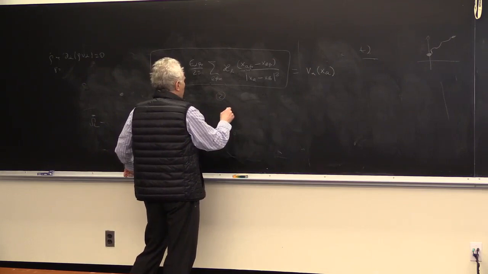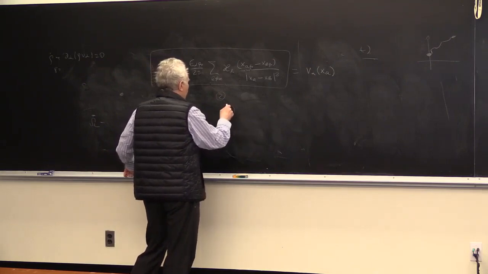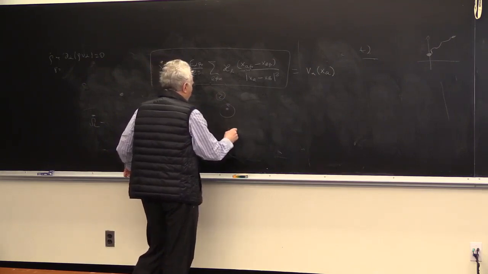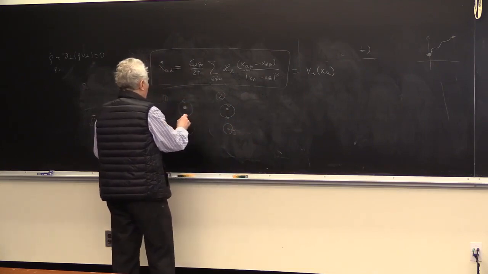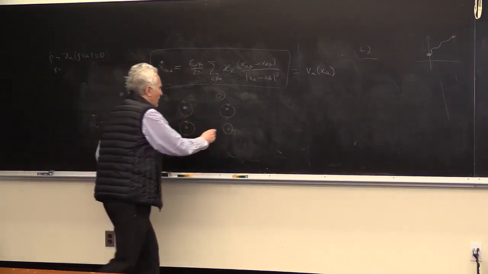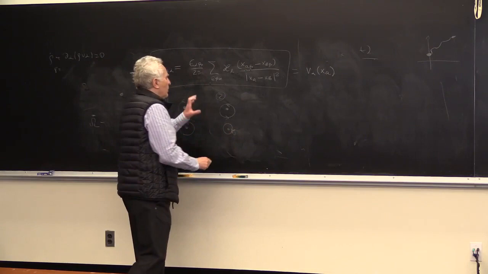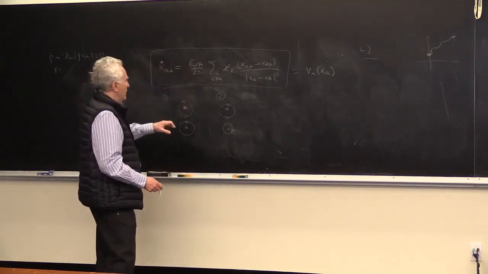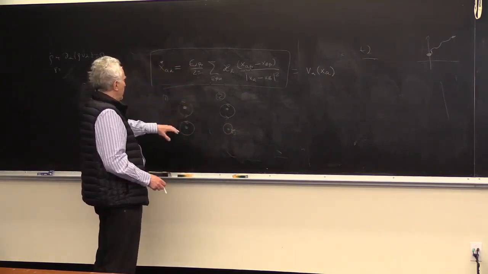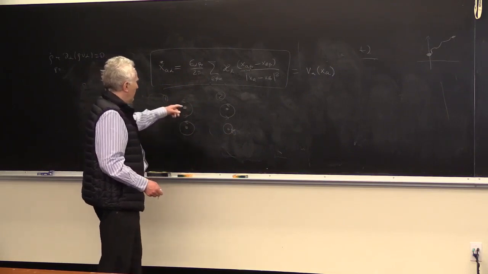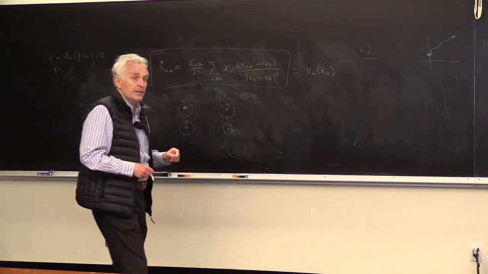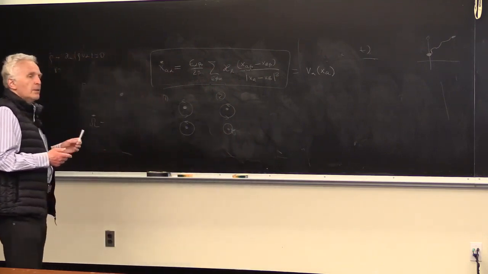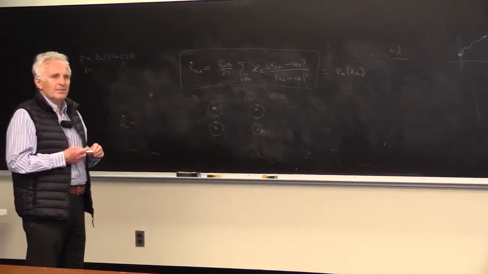The other situation is this one: when you have two equal strength vortices, but in this case they both rotate in the same direction, here in the opposite direction. And the question is how this thing moves.